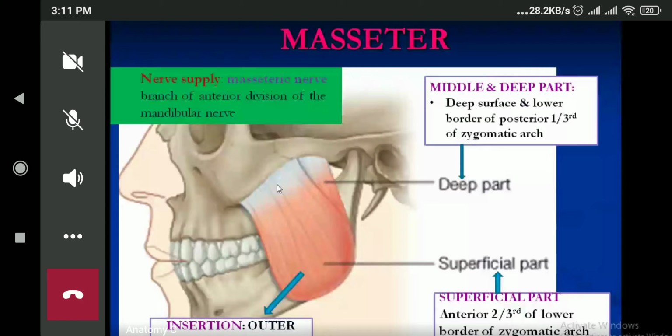What will be the action of the masseter on the mandible? You know the movements of the mandible: elevation means closing of the mouth, depression means opening of the mouth, protraction, retraction, side to side movement. What does the masseter do?